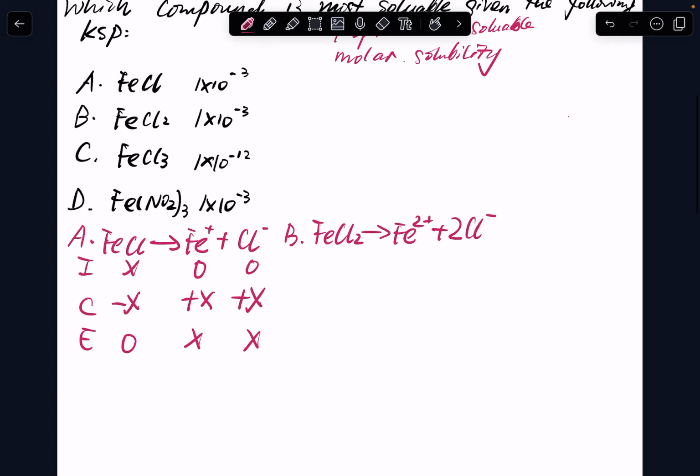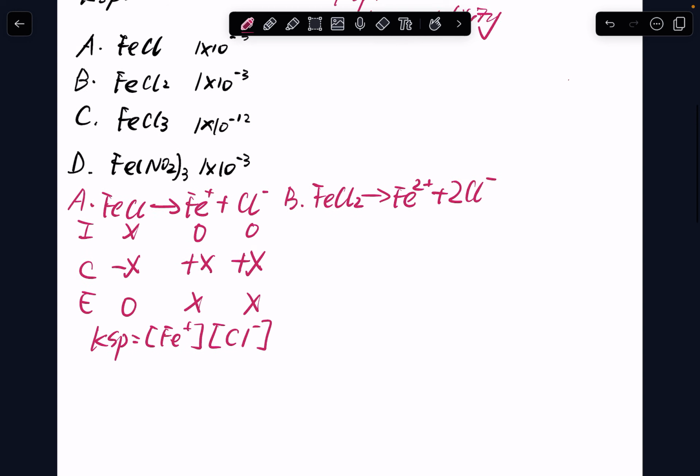And then the Ksp really equals Fe plus times Cl minus, just like the equilibrium expressions for Ka, Kb, all these things. That's how we write it out. My Fe is x, so I plug in x, and my Cl minus is another x.